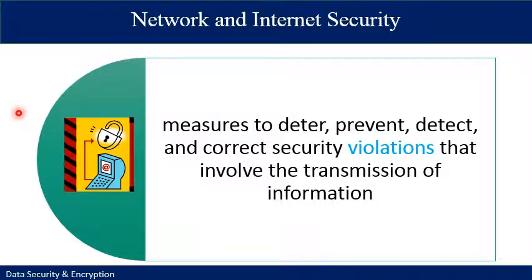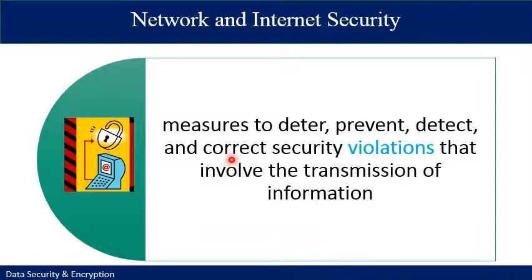Okay, this definition is provided by the NIST Computer Security Handbook. Network and internet security is defined formally as the measures to deter, prevent, detect and correct security violations that involve the transmission of information. The definition is simple: it discourages, it prevents, it detects, and it corrects.